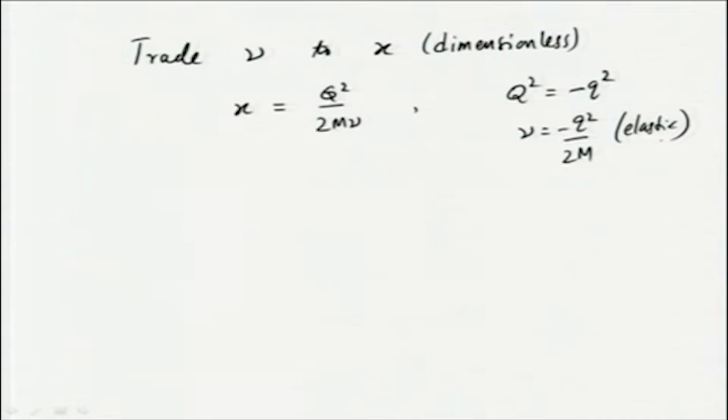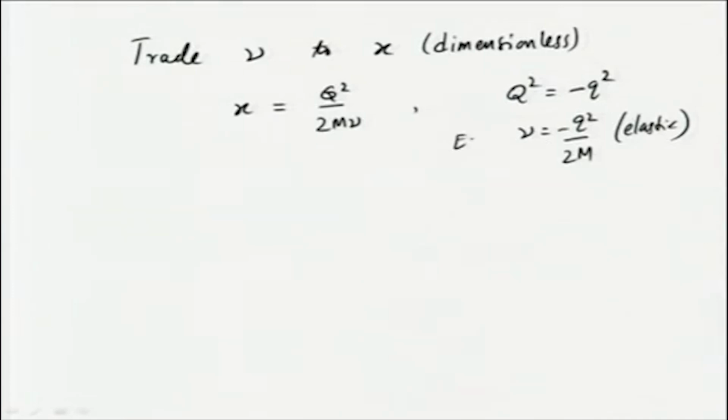Usually the electron gives energy to the proton, and therefore, the energy of the final electron is always smaller than the energy of the initial electron. So, E minus E prime is positive, nu is positive, and q square is always negative.